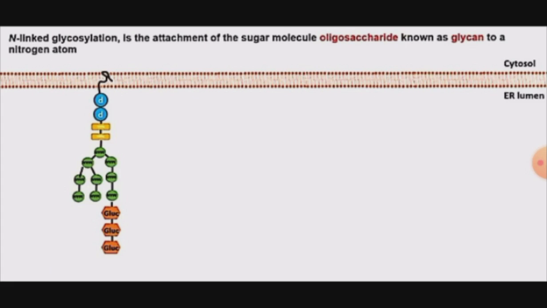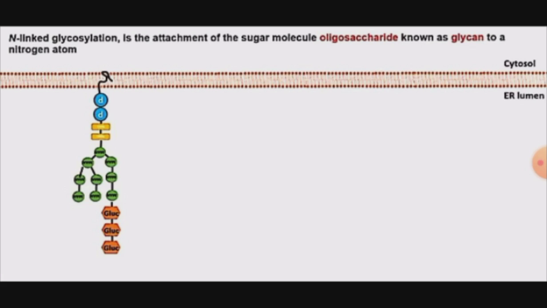Just remember that in the endoplasmic reticulum the protein undergoes N-linked glycosylation, in which a specific carbohydrate is joined to the protein chain. That glycan or oligosaccharide is a type of signal which specifies where the protein is to be sent.